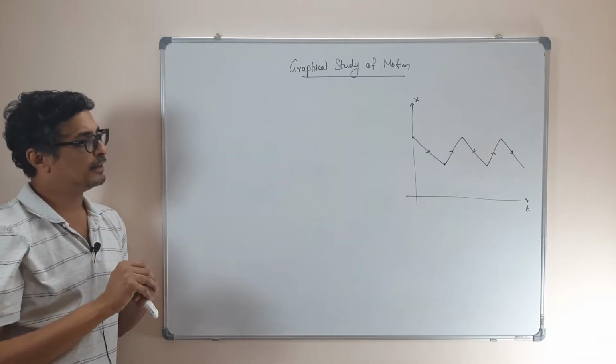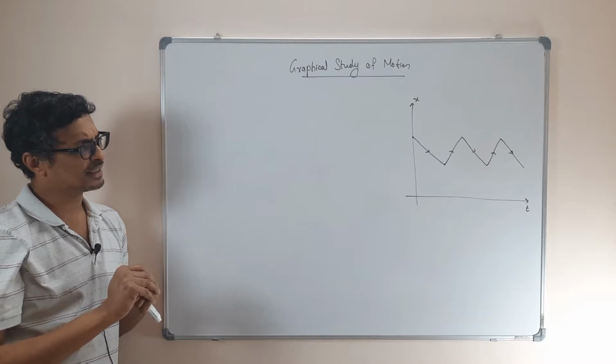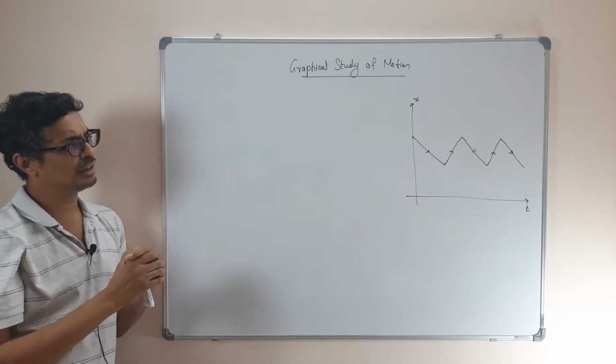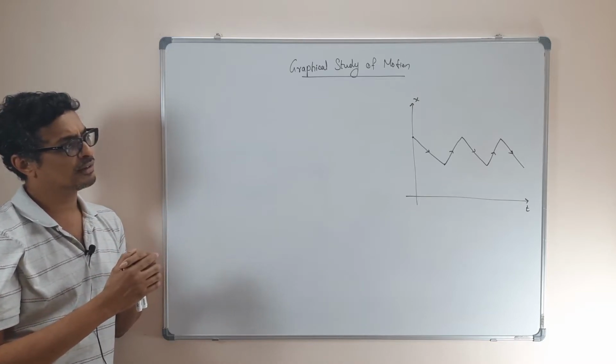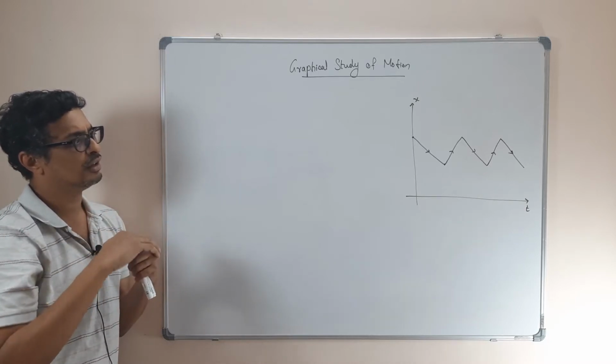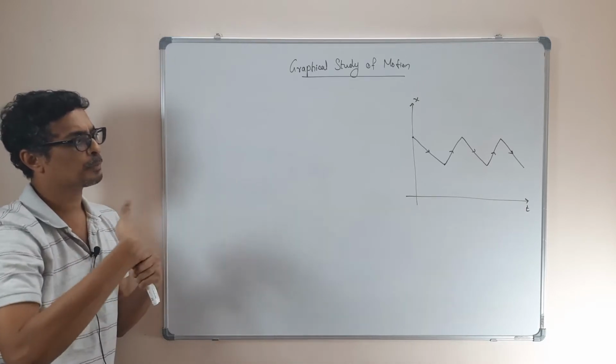Or another example of uniform oscillatory motion: take anything moving horizontally, forward and backward.